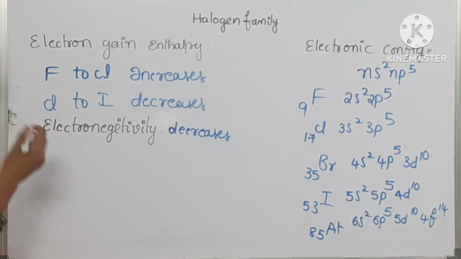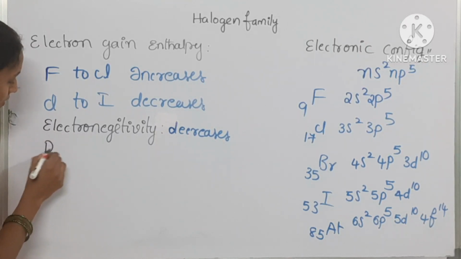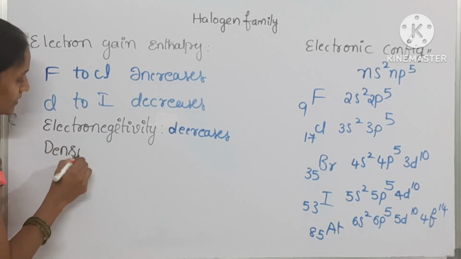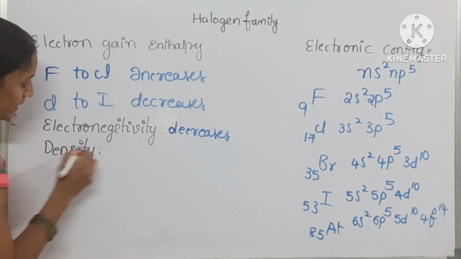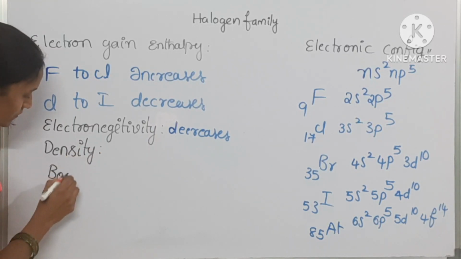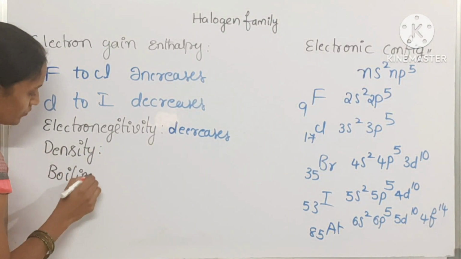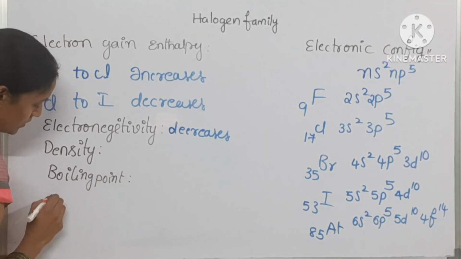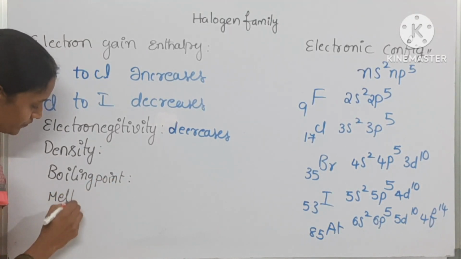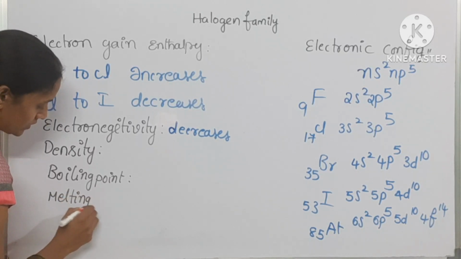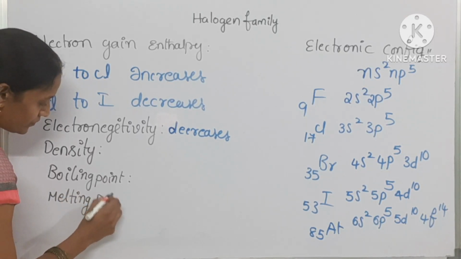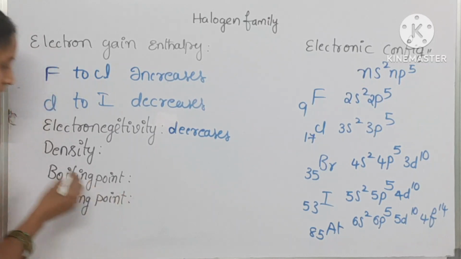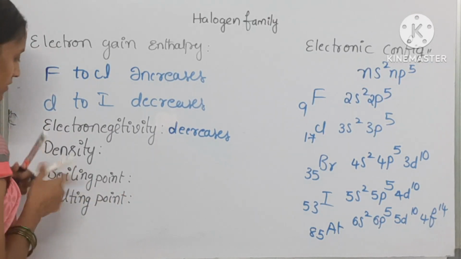Then coming to the next one, after electronegativity: density, boiling point, and then melting point. If you see, all these three increase because these are all interlinked with each other.